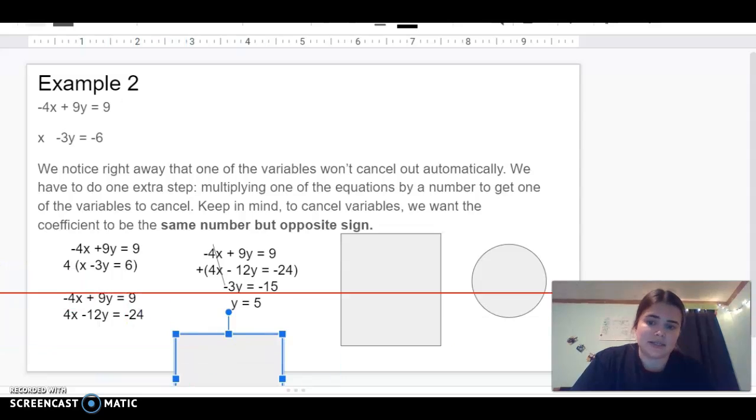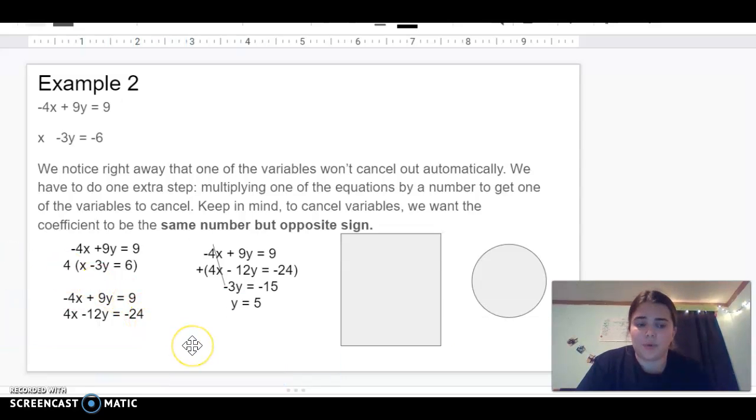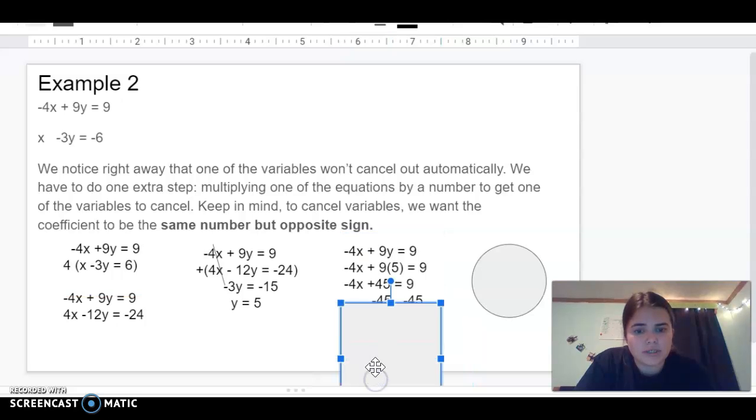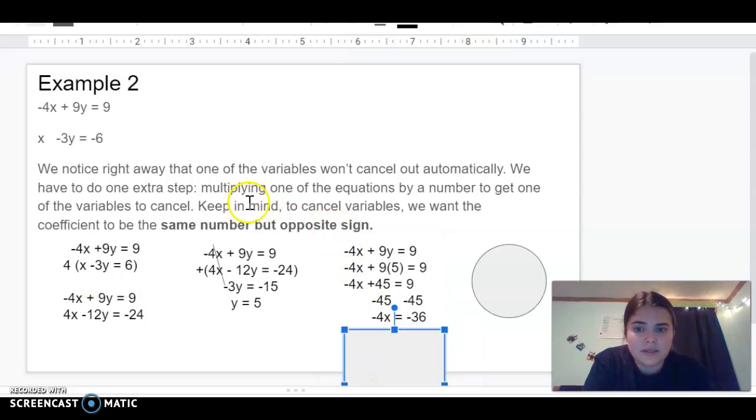Now, just like the last example, we can't forget we have to solve for both variables, so we have to plug this y value into one of these original equations again. So we just take that 5 and we plug it in. So we take this equation, you can choose either you want, I chose the first one. We get negative 4x plus 9y equals 9.